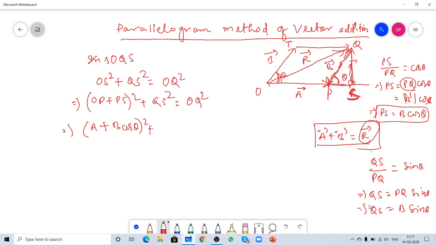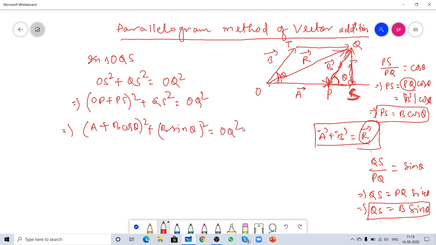Those who know how to resolve these components, they can write it directly. For the first time learner, or those who have just started vector algebra, or how to add two vectors, for them you can just understand this cos theta and sine theta like this. So the QS value is B sine theta, so (B sine theta) whole square.